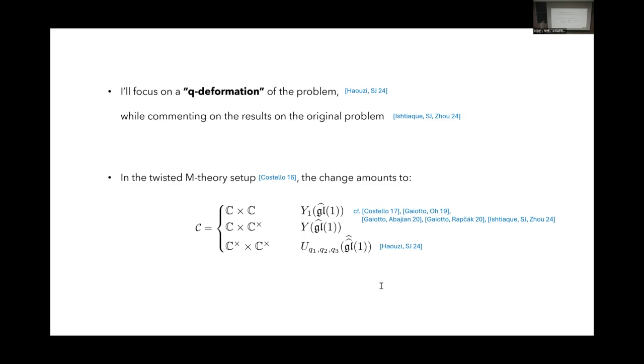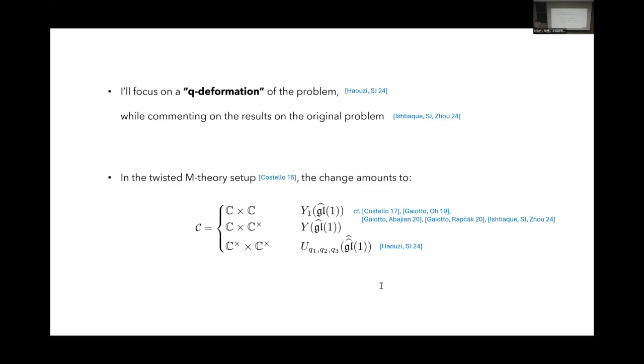For the first two cases, there will be some kind of affine Yangians. For the last case, it's going to be the quantum toroidal algebra of GL1, which I denote by U_{q1,q2,q3}(GL1 double hat). It's a double affinization of the enveloping algebra of GL1. Yesterday we have seen the quantum affine algebra, but there's an additional affinization, so we have additional Q parameters.